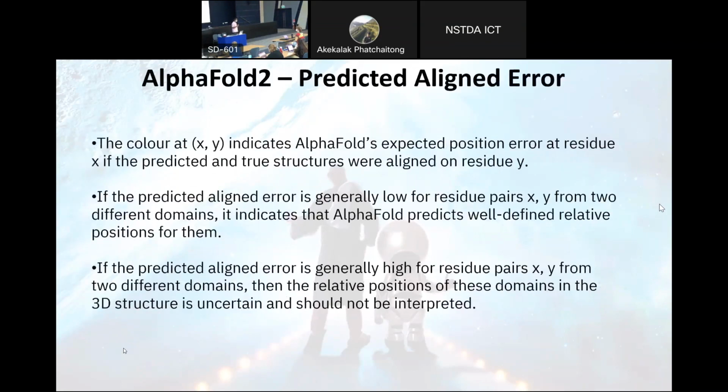Another part you'll see is called predicted aligned error. In this case, we calculate the error per residue, but you can calculate how well one residue is situated with respect to another. And let's see if we can have an example of that.